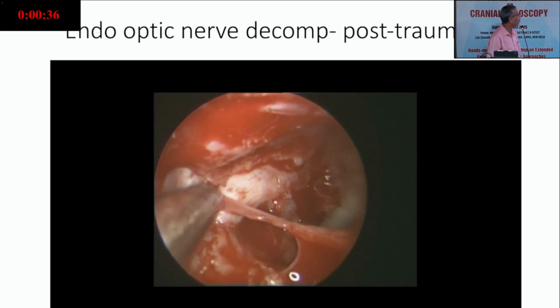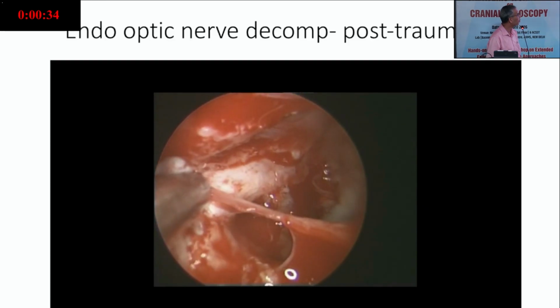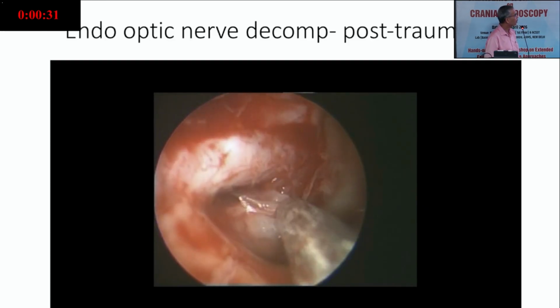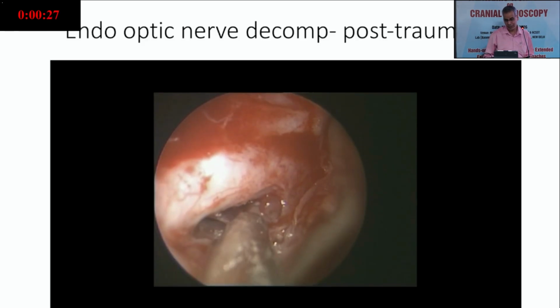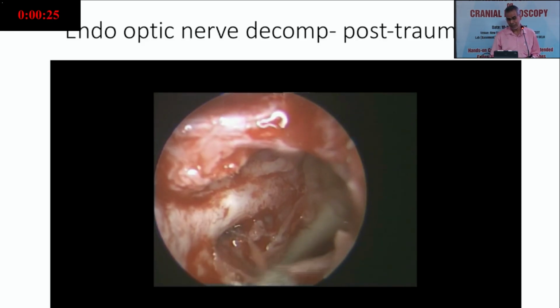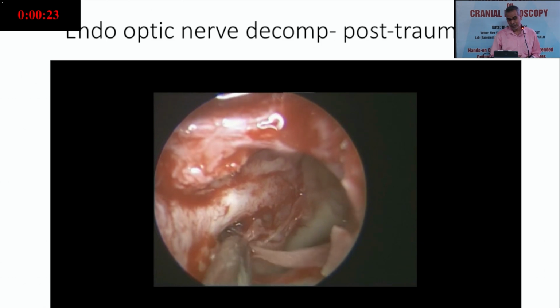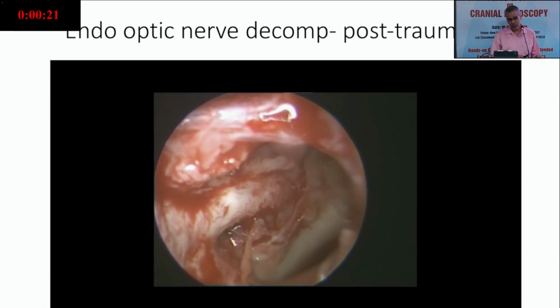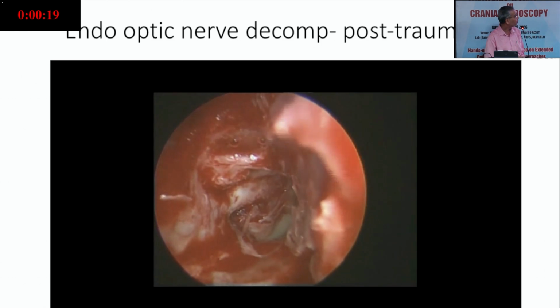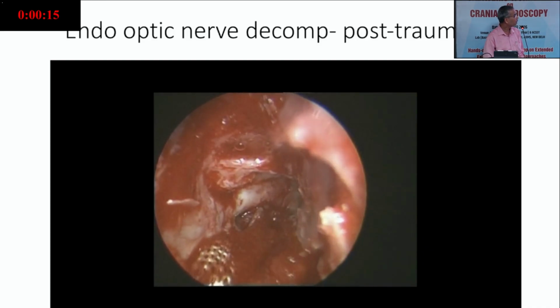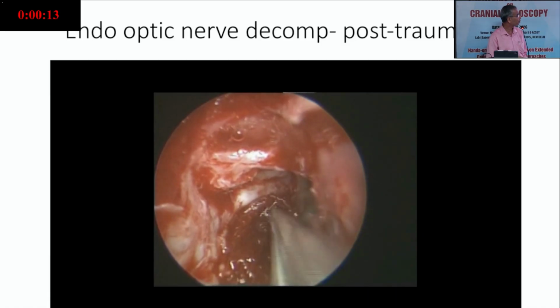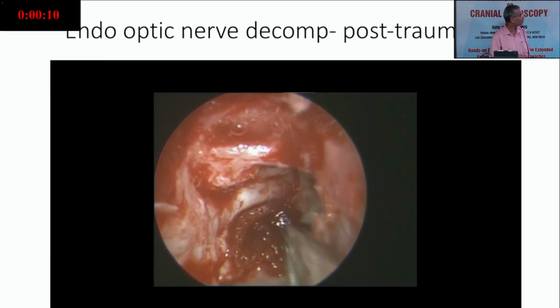So again a small further just taking out this, and this is what completes your exposure of the optic nerve. And then before you come out, you have to ensure if you want to excise, you excise at this point, and then you cover it with Surgicel and maybe some ointment.